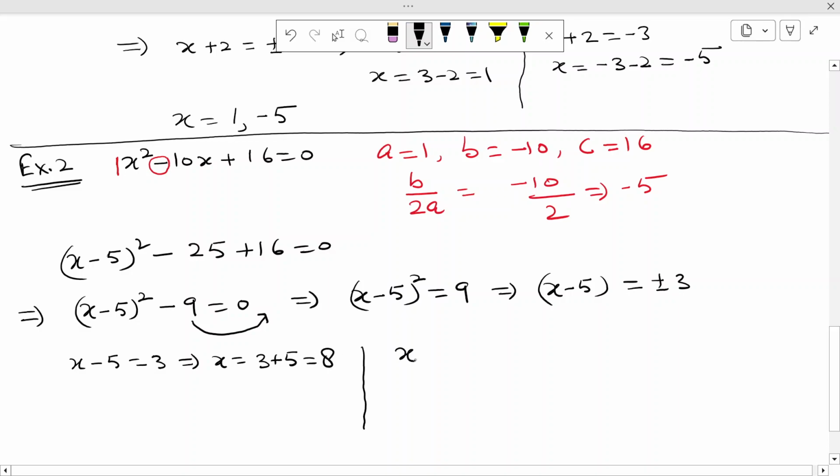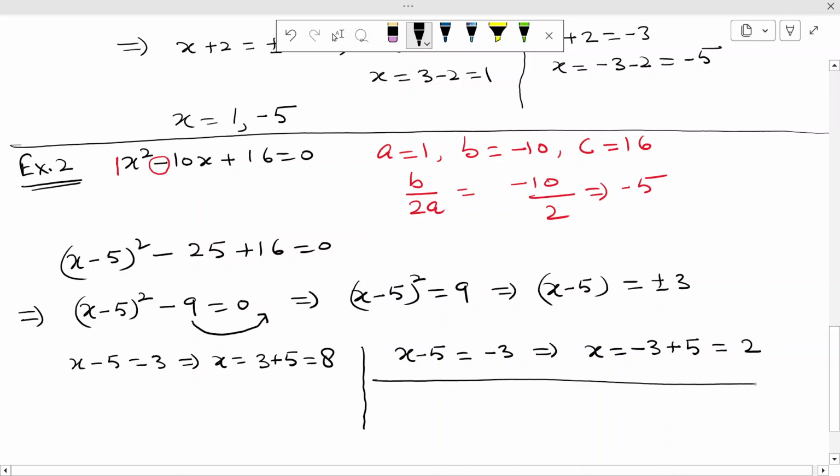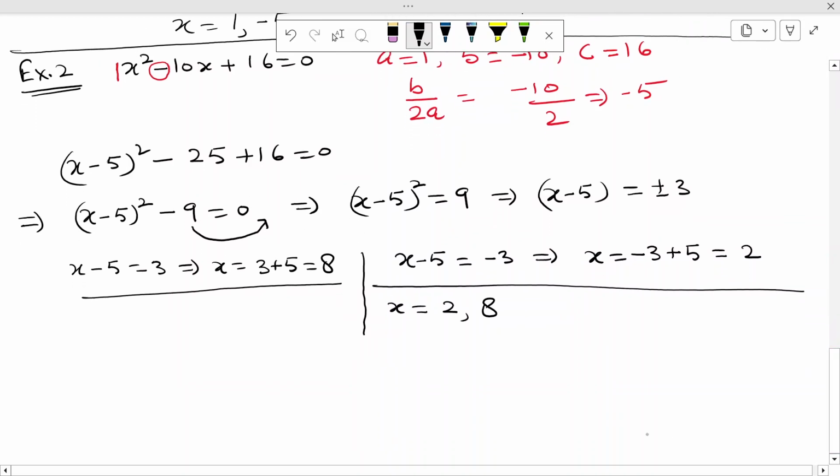And on the other hand, if you consider x minus 5 as minus 3, this will be x is equal to minus 3 plus 5, which is 2. So this is how we can obtain the solutions. So the solutions are x is equal to 2 and x is equal to 8, right?